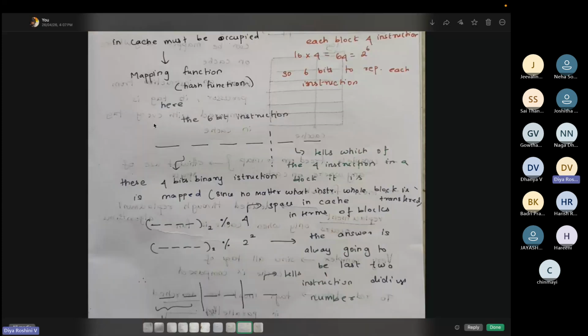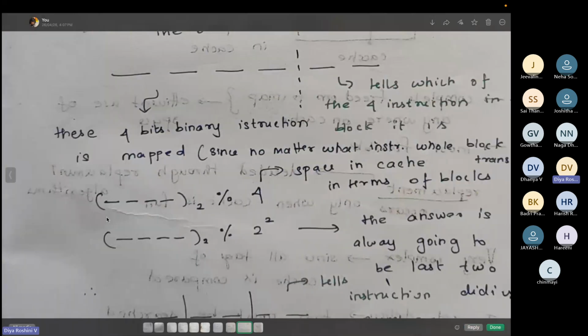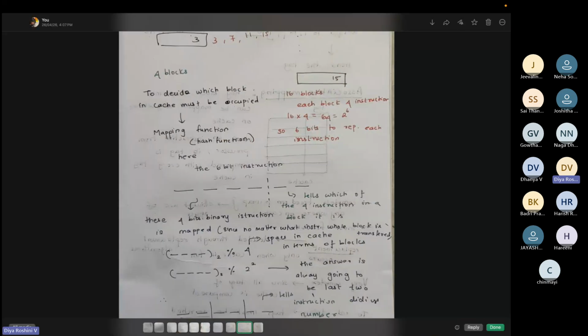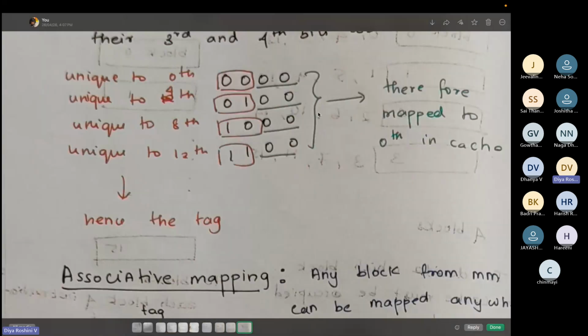That's how it works. But to identify the number of bits, we see it in the binary form. As I told, for all the blocks that are mapped to the same block in the cache, the last 2 bits are going to be the same. Why? Because the cache size is 4, which is 2 power 2.